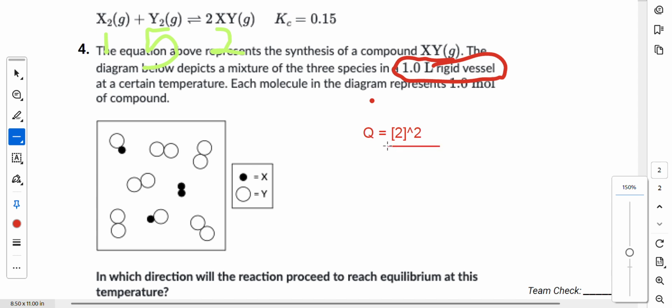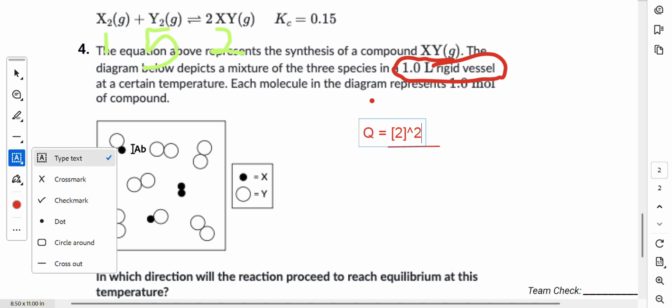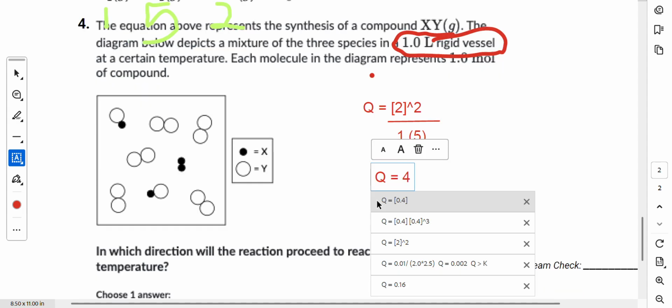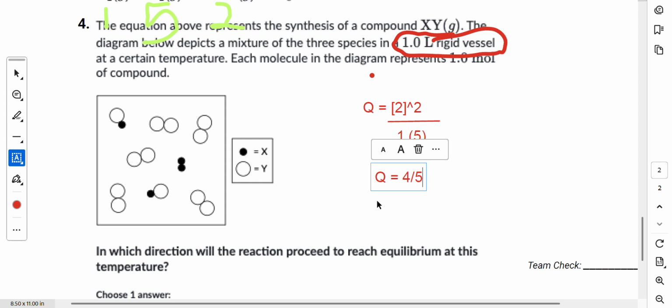But because the numbers still worked out, I got lucky. But yeah, it's not important for you guys to know right now. I don't want to make that same mistake in front of you and have you guys do it now or later. All right, so we've got 2 to the power of 2, which comes out to 4.